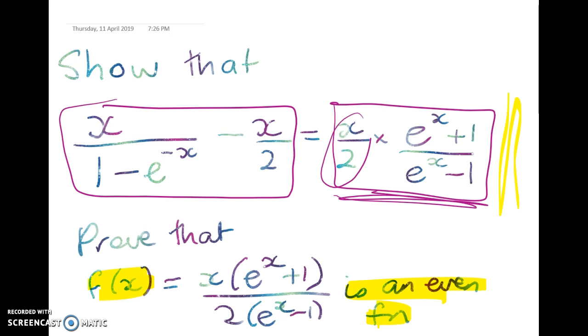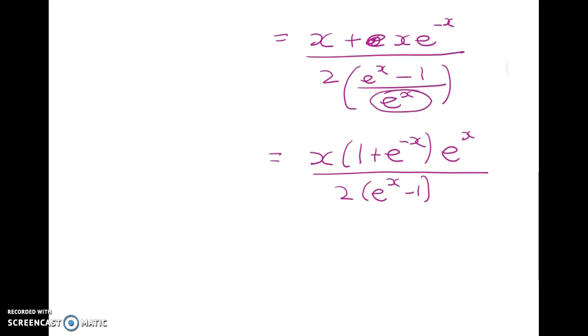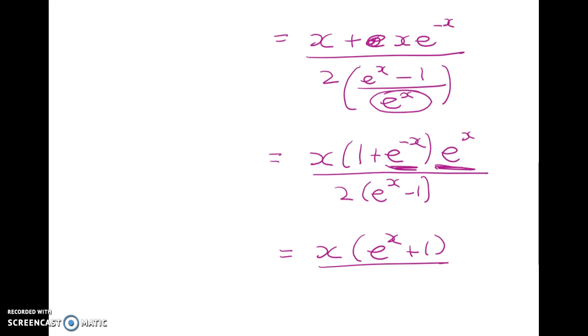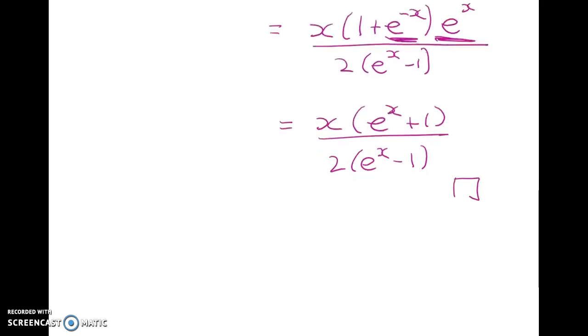So we want to have an x over 2 times this. Expanding everything out gives me what I want. I've got x times e to the x plus 1, right? Because this times this gives me 1 over 2 e to the x minus 1 as required. Or you can draw the little square thing. Or you can do your smiley face.